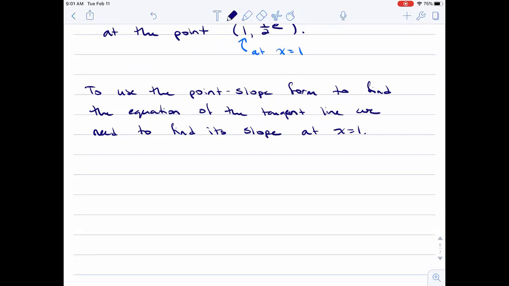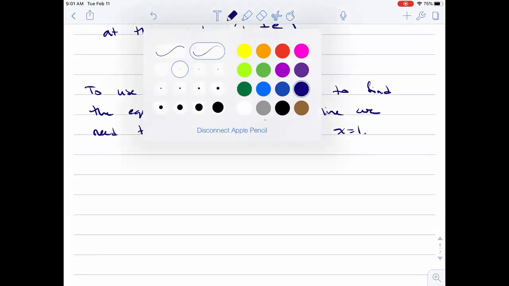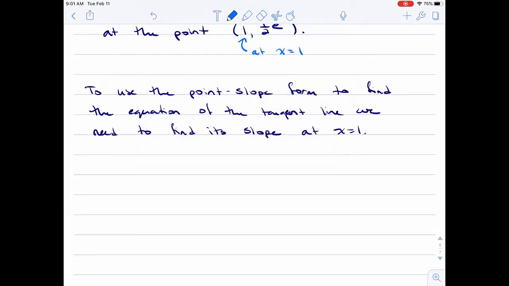That's the point that we're interested in. And the slope, the general function for the slope, is the derivative, right? And so here, what we're actually saying is we have to find the derivative at x equals 1.